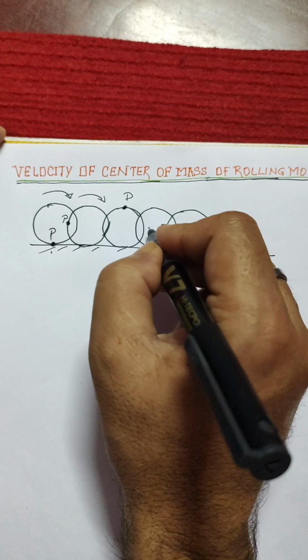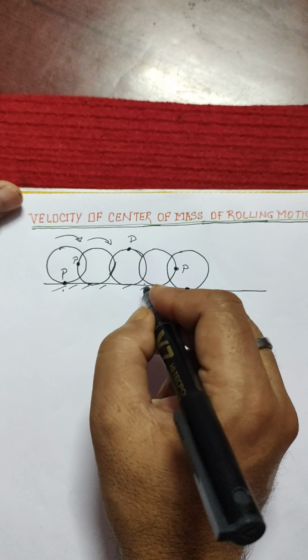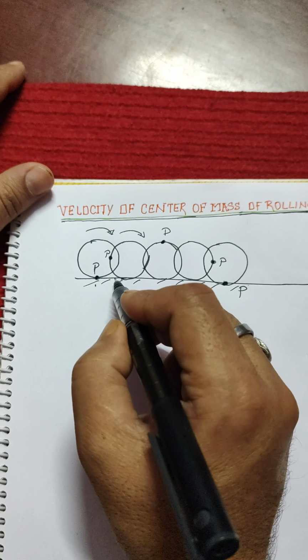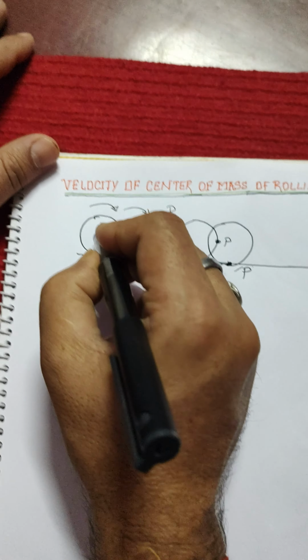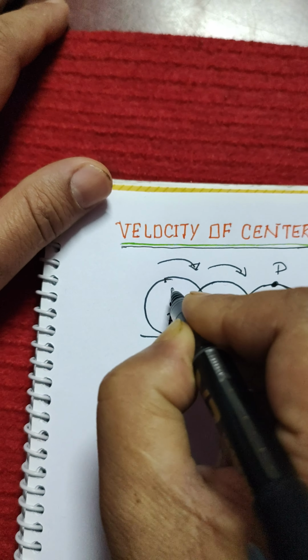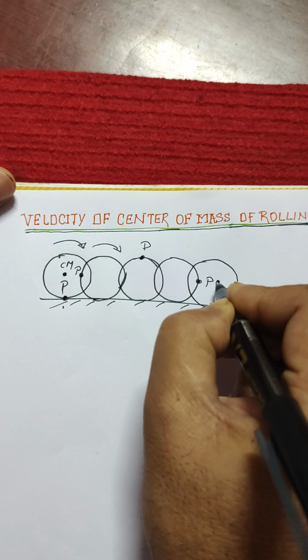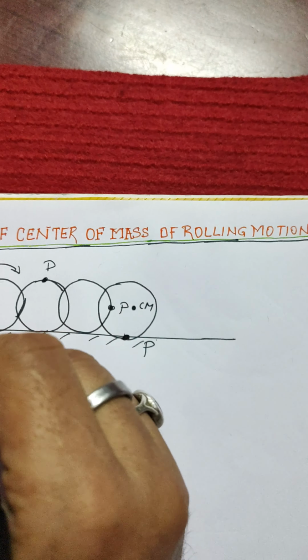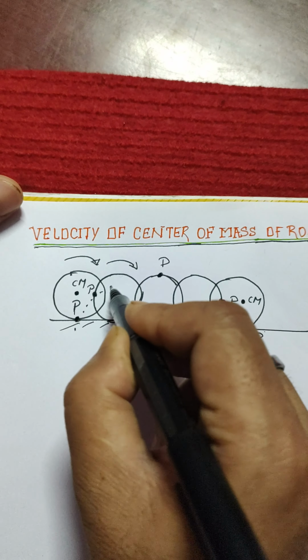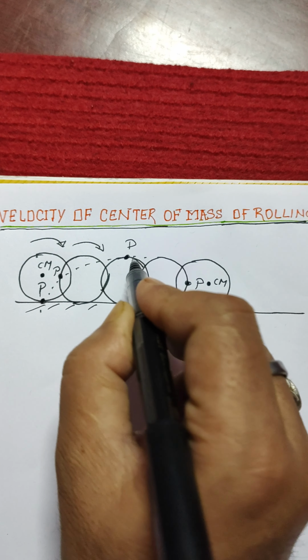Now see, if somebody asks you what is the velocity of the center of mass, this is the center of mass of the body, CM, because the center of mass has reached here. If I join, you can see the trajectory of the path like this.